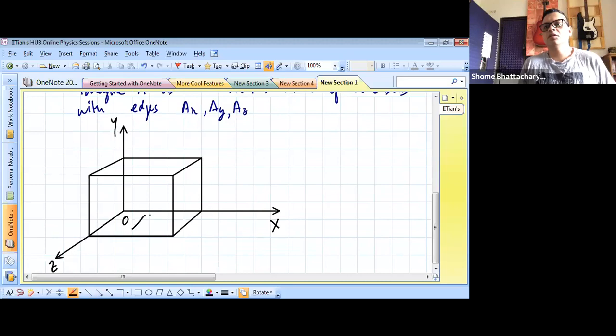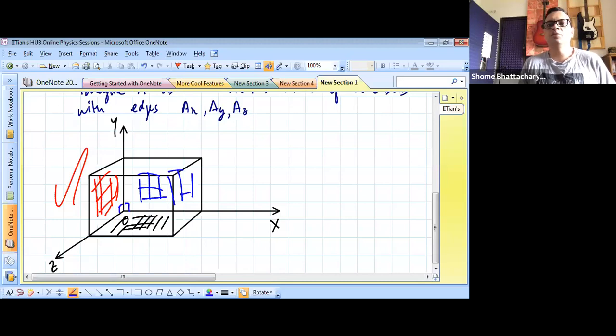This is like the floor of the cuboid, so the plane of this floor represents the xz plane. Similarly, this surface is the yz plane, like one of the walls in your room, and the surface in front represents another perpendicular surface, the xy plane. So these are three mutually perpendicular planes. This is how we visualize the three-dimensional system.